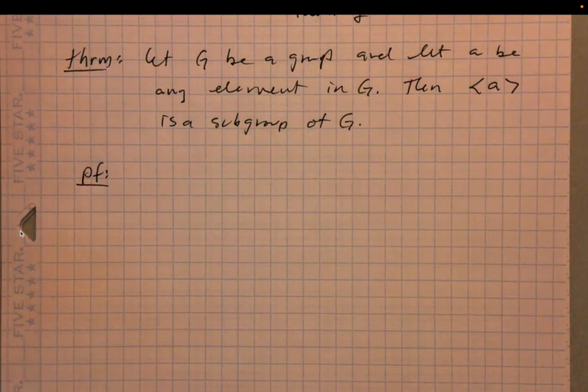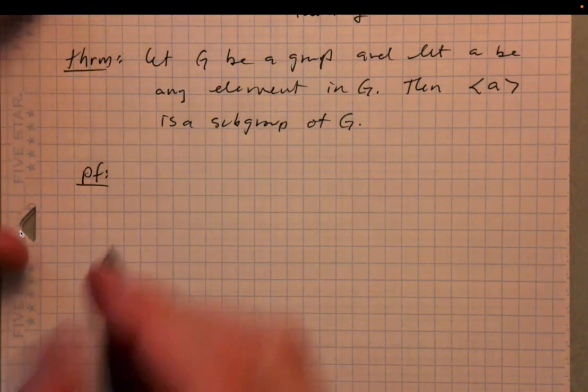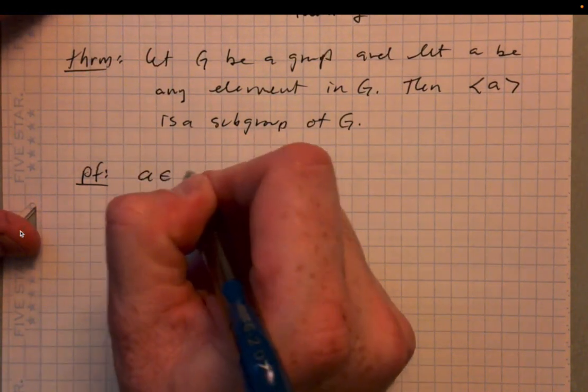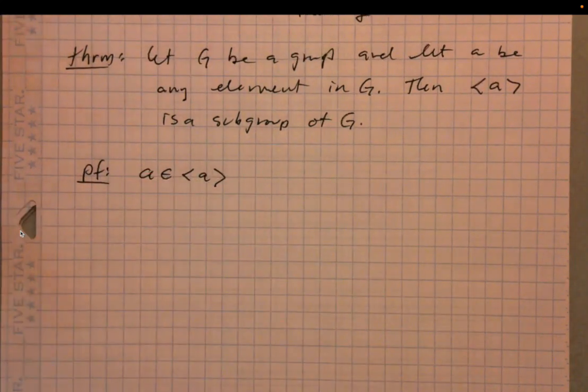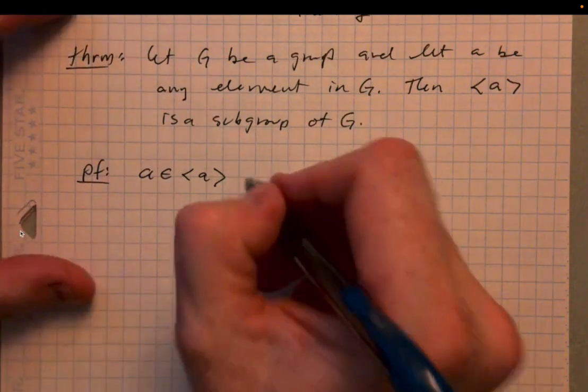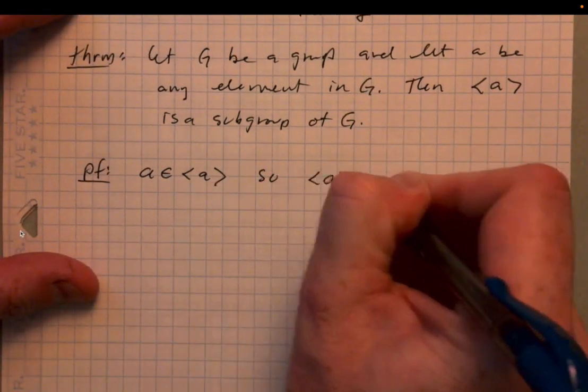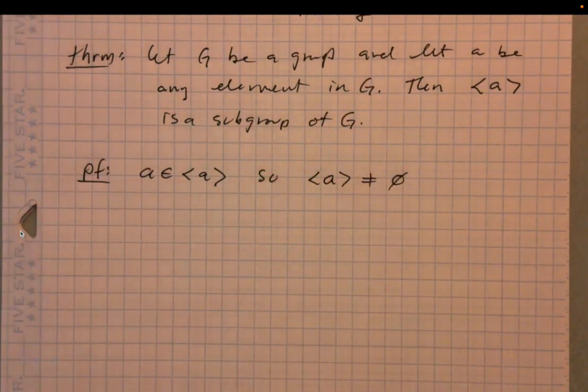So A is obviously in this cyclic subgroup, right? So it's non-empty. Okay, so it's a non-empty subset.